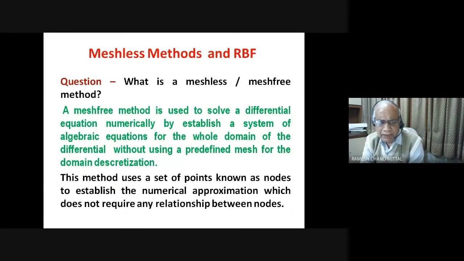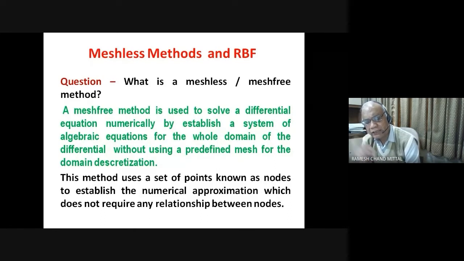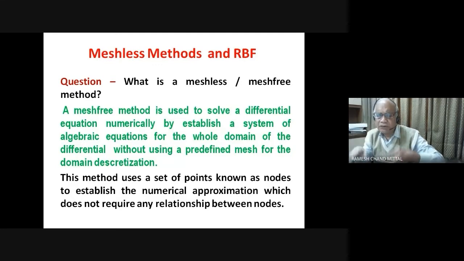Meaning we have a certain finite number of points, and we approximate the solution at these points with the help of finite differences. Applying this for all the points, the equations are written and put in one place as an algebraic system.